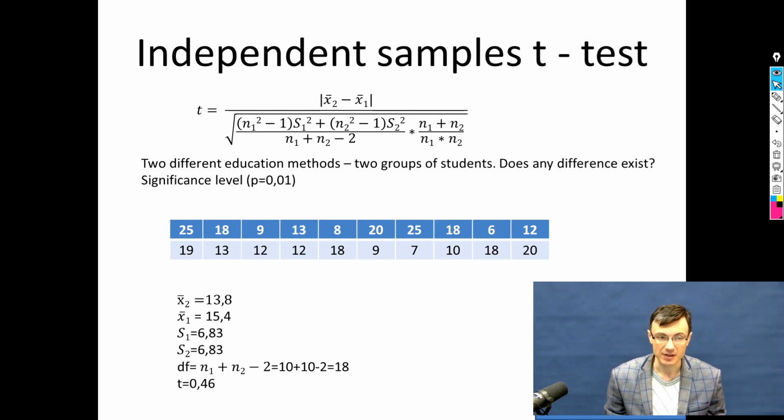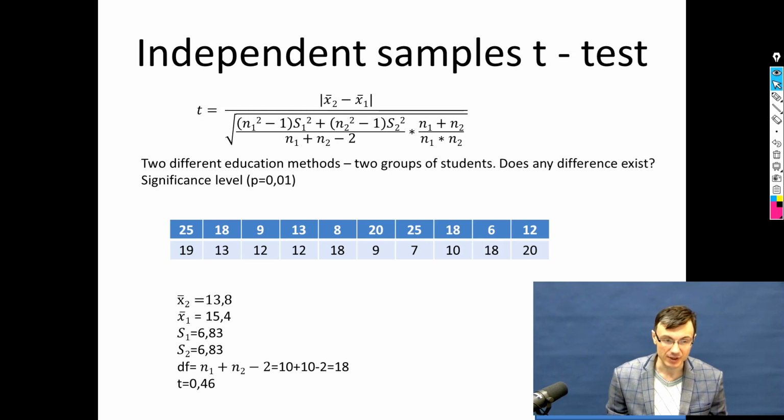These are the test marks obtained by students. We made some calculations before, so I will not waste time on it now. We have the mean of the first group, the mean of the second, then the standard deviation and the degrees of freedom. There are two groups of 10 persons, so 10 plus 10 minus 2, and it is 18.